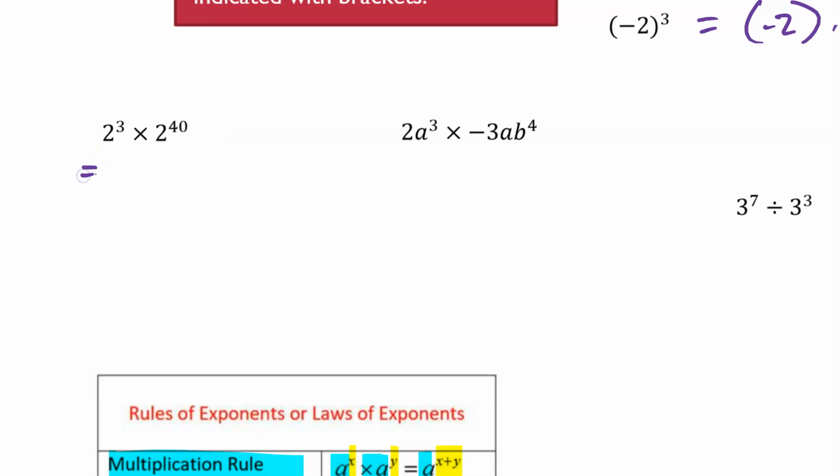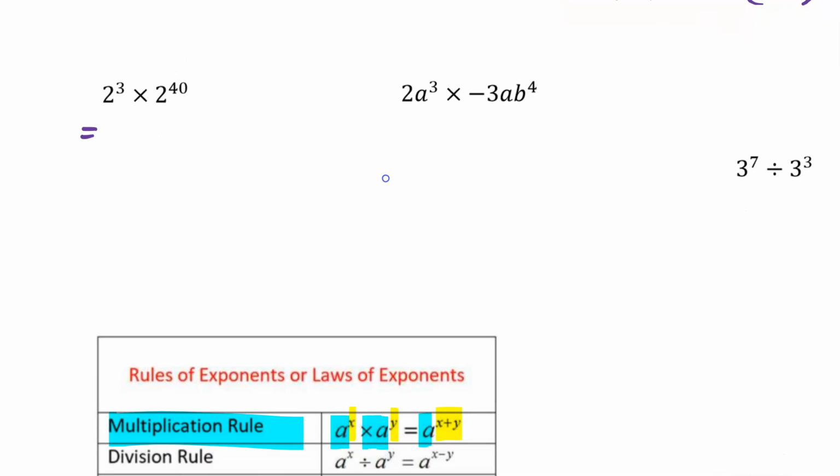However, if you understand that this is the multiplication rule, because you have the same base, which is 2, and they're multiplied together, all you have to do is leave the base alone and add the exponents. This is 3 plus 40, which you don't need to write, but I'm just showing it, which gives me 43. 2 to the exponent of 43. And that's the answer.